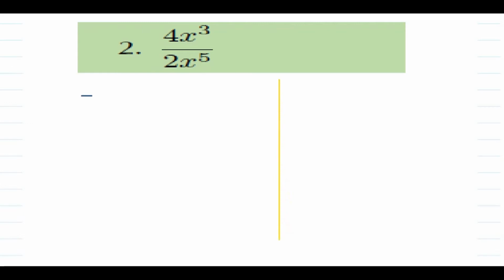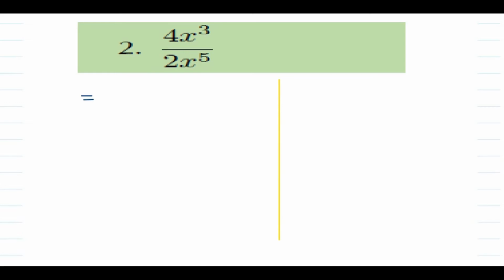Okay, so this first method, I'm just going to break down the numerator and I'm going to break down the denominator and cancel out the values that you have at the top and the bottom to get our final answer. And with the second method, we are going to use the quotient rule, where you see that you've got the same bases and you subtract your exponents, and you also just simplify your coefficients. Okay, so let's start off with the first method.